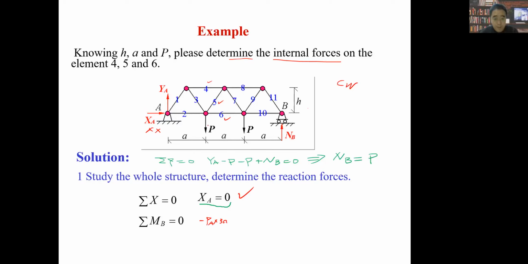And we also have 2P. 1P is along the opposite direction of YA, so it will have a CCW direction moment about point B. So we have plus P times 2a and plus P times 1a, right? There are no other forces that have moment about point B, so this sum will be 0, right?